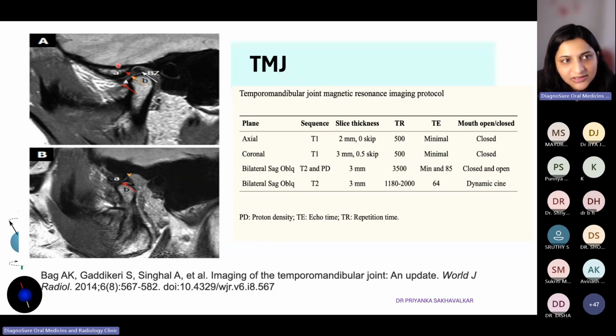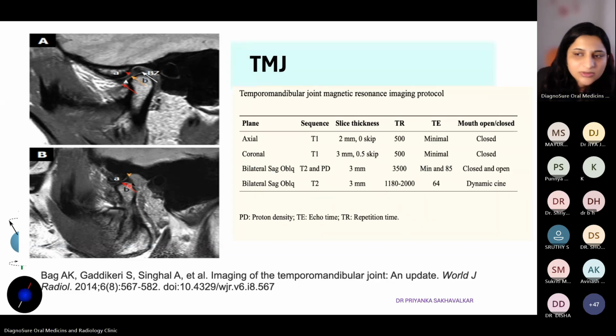Okay, here it is the thick band, and here it is thin because of the change in position. And this is the temporal lamina. These are the different sequences or the imaging protocol for TMJ imaging in maxillofacial imaging.